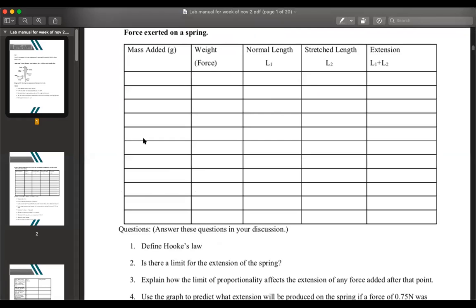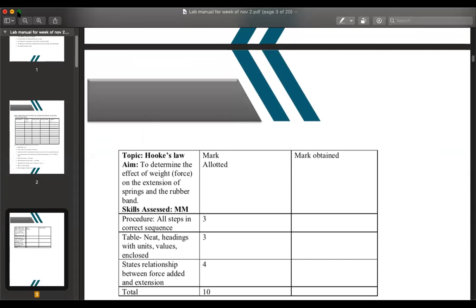So lab experiments. Here we go, I believe it's this one. Please be patient. Yes, this is it.